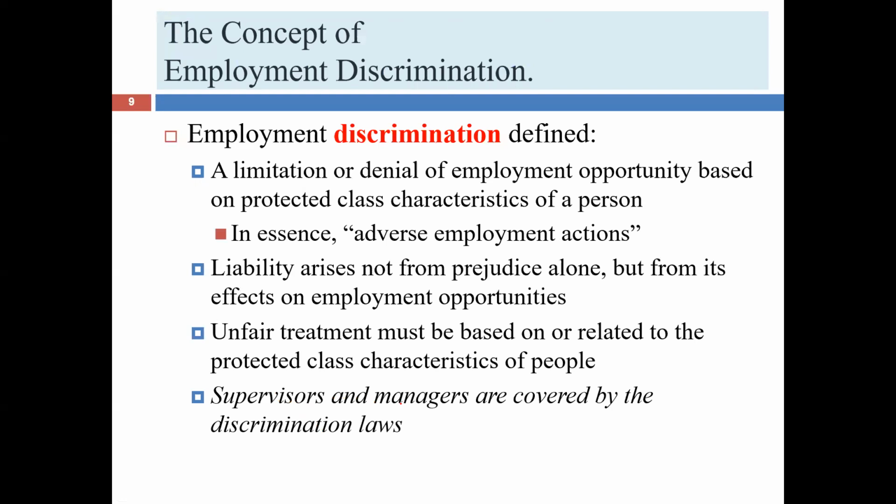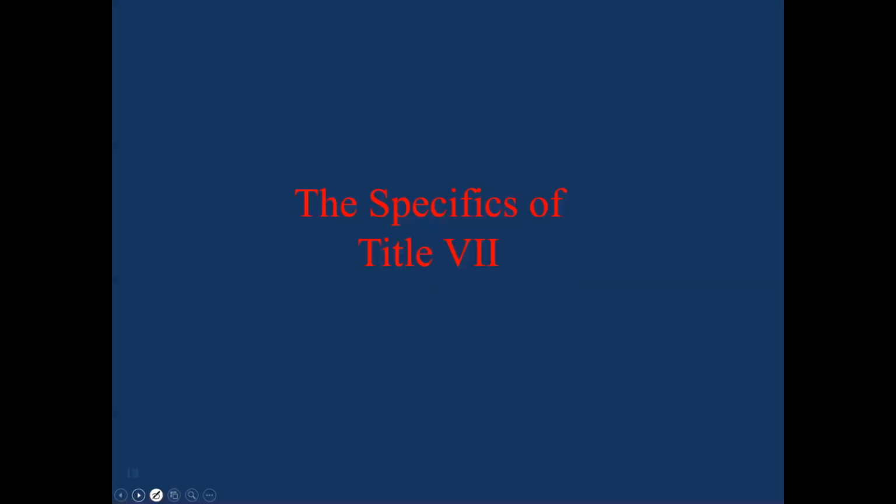So people who supervise others and manage others are entitled to the same protections under Title VII that anybody else is. If a person is a partner, meaning they're a part owner of the business, then usually they won't be covered, but even that's not guaranteed. In certain cases, they can still be covered by Title VII and the other statutes.